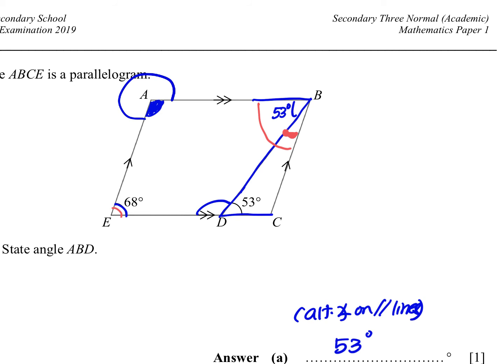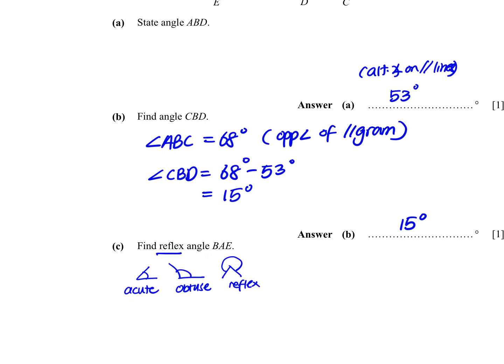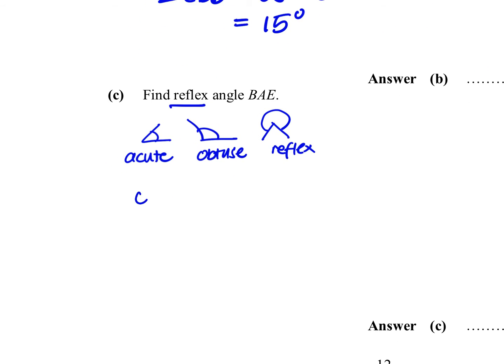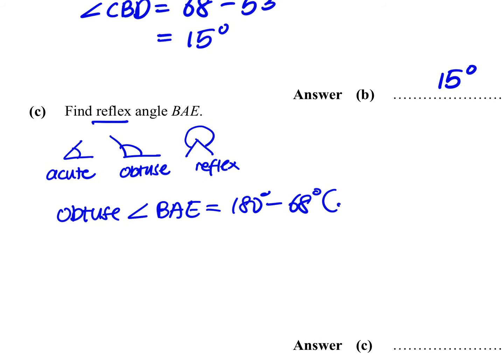We know this is a parallelogram, so this 68 plus this angle will give you 180. So this one will be 180 minus 68 degrees. Let me find the obtuse angle BAE first. Interior angles on parallel lines.